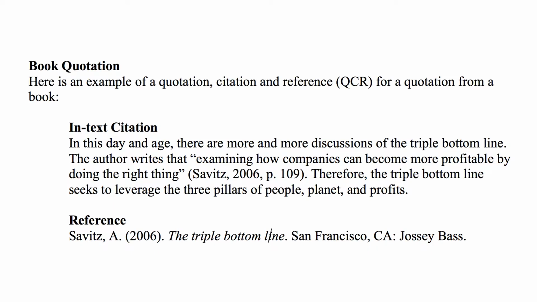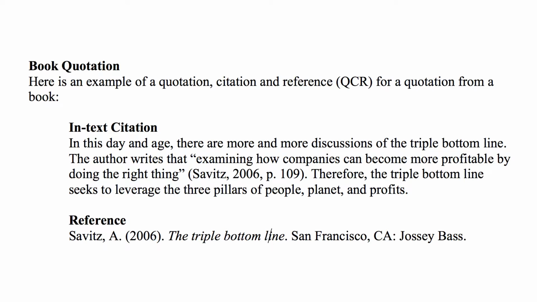Every in-text citation needs to have a reference at the end to which it's tied. So we see here the reference at the end. It has author, first initial, year, title of the book, the city and state, and the publisher. So let's review this again.